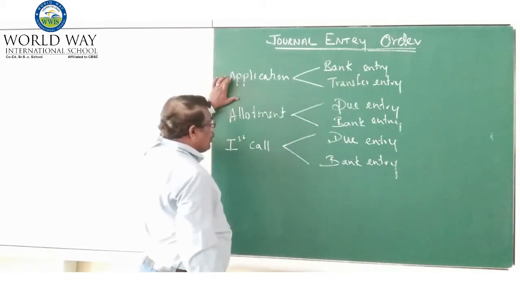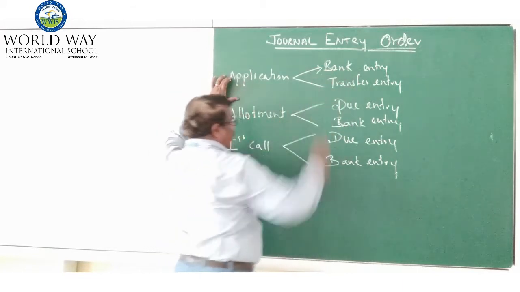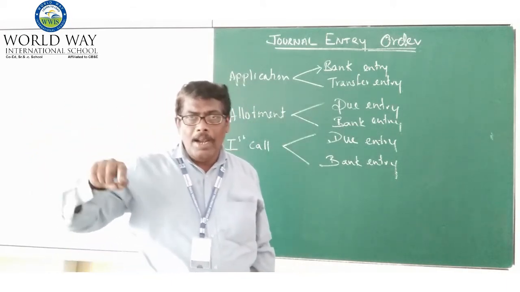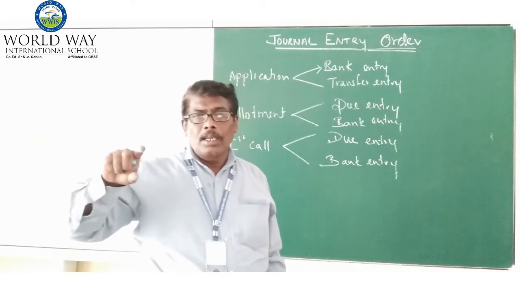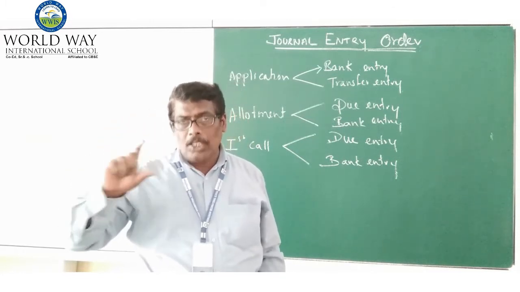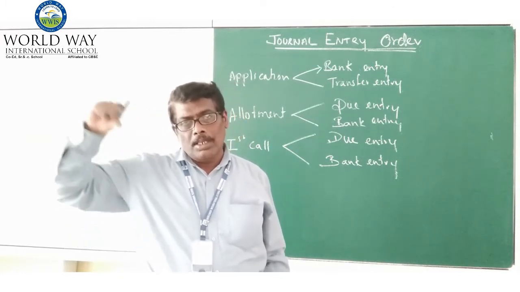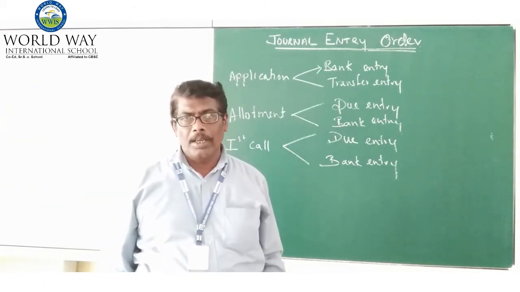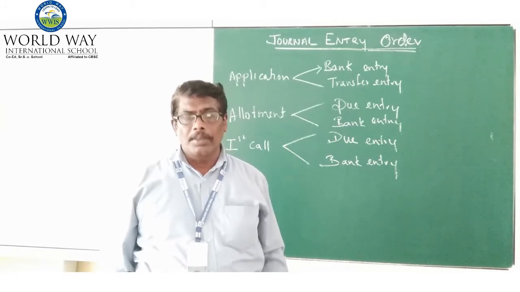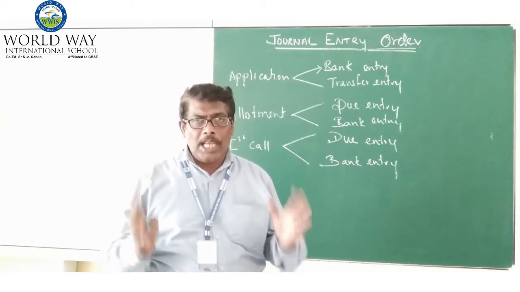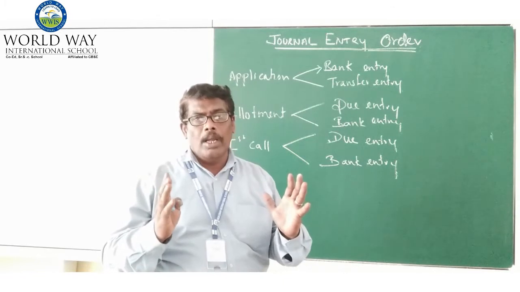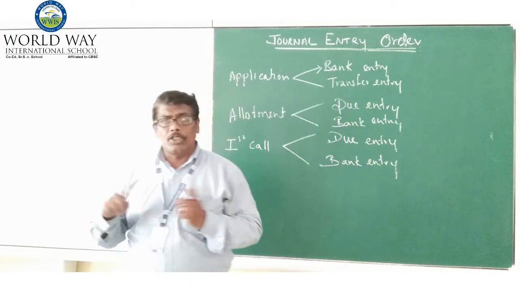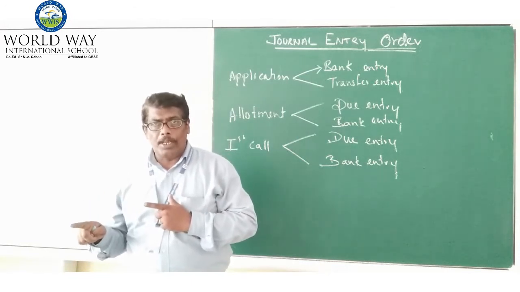See, I took the application category. First we have to prepare the bank entry because the bank receives the check. And when the actual amount is credited to the bank account, then the company transfers that amount to its capital account, because whatever money is received against shares has to be transferred to the capital account.